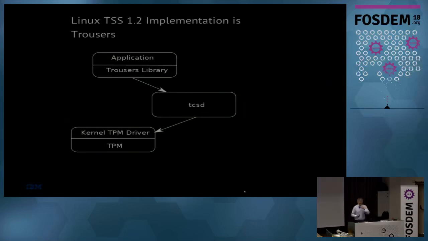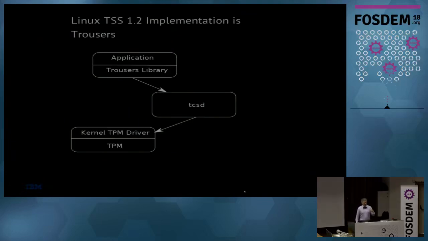It looks simple. The problem is that in order for the application to understand how to use trousers, it actually has to understand all the library interfaces. So it has to understand the trousers API, and that's fine. Then you have to understand how the TCSD actually interacts with the kernel TPM. And finally, you actually need to understand how the TPM works.